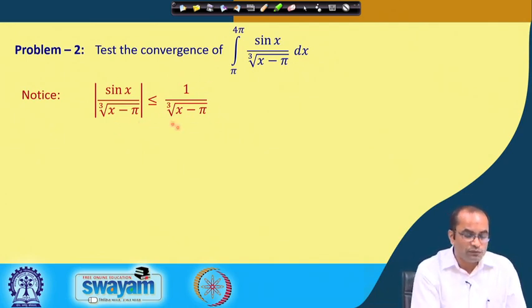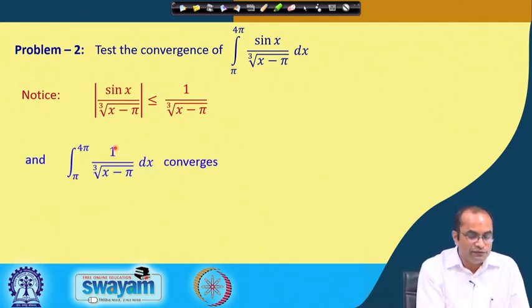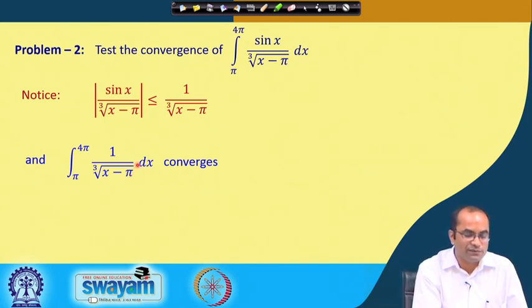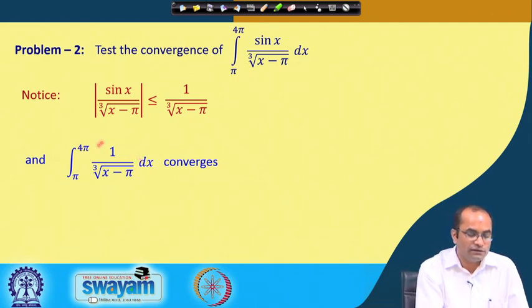We know from the test integral how this integral behaves. The integral from 0 to pi of 1 over the cube root of (x minus pi) dx converges because the power is 1 by 3, which is less than 1. This integral converges for any power of (x minus pi) less than 1, and here we have the power 1 by 3.